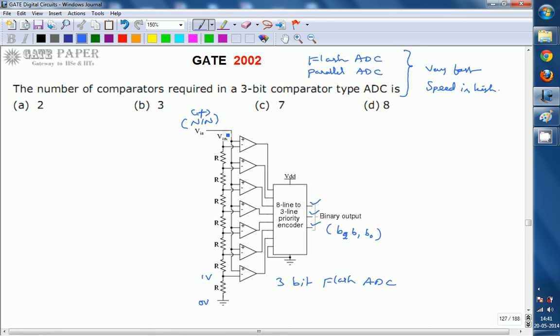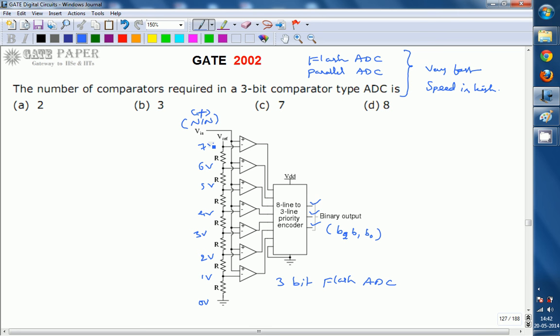If VR is equal to 8 volts, the nodes are 1 volt, 2 volts, 3 volts, up to 7 volts, that is 1 by 7, 2 by 7, 3 by 7 and so on. If the input signal is greater than some value, it will be encoded and give the corresponding digital output.